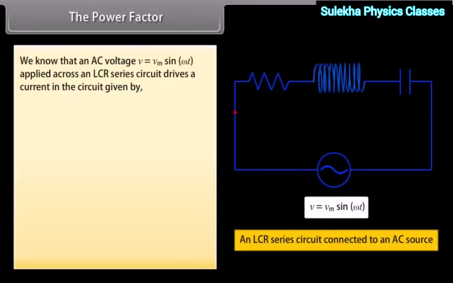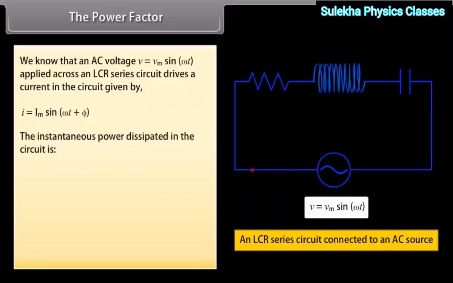The power factor. We know that an AC voltage V equal to Vm sin omega t applied across an LCR series circuit drives a current in the circuit given by I equal to Im sin(omega t plus phi).